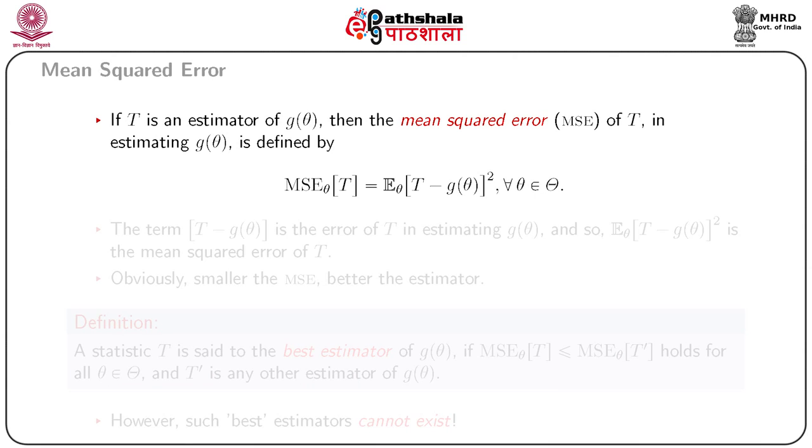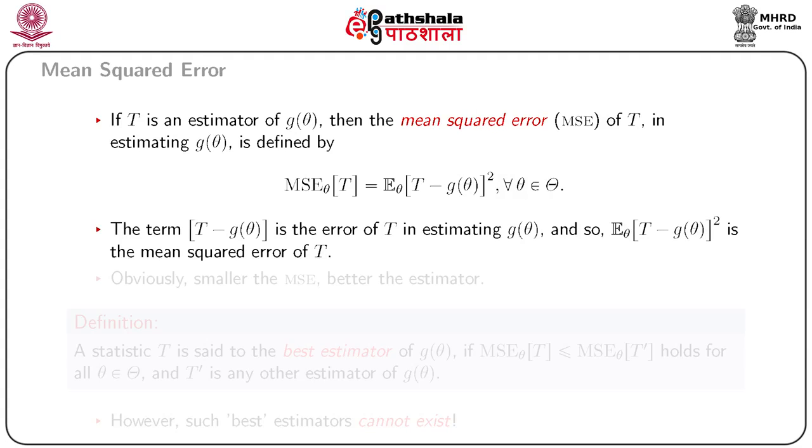From the above result, it is clear that the closeness of an estimator t can be measured by the quantity expectation under theta t minus g whole square for all theta belongs to script theta. It is called the mean squared error or MSE of the estimator t. Thus, MSE of an estimator t for estimating g theta is defined by MSE under theta of t equals expectation under theta t minus g theta whole square for all theta belongs to script theta.